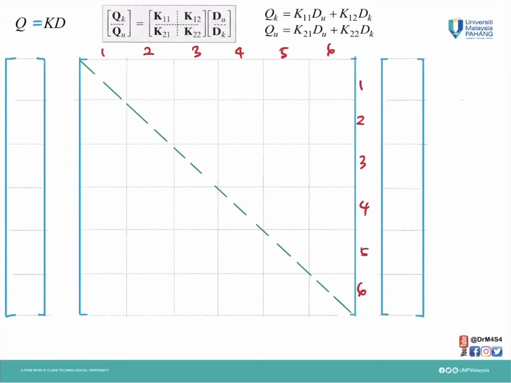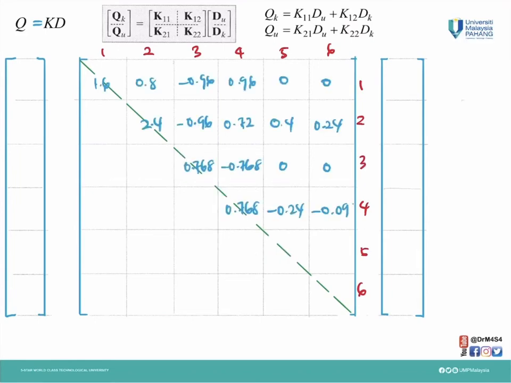So you need to find what the value on each cell is, enough for you to do half side. 1.6, 0.96, 0.8, this 0.24, 0.096. You've done half side for K, and then you just simply copy it.